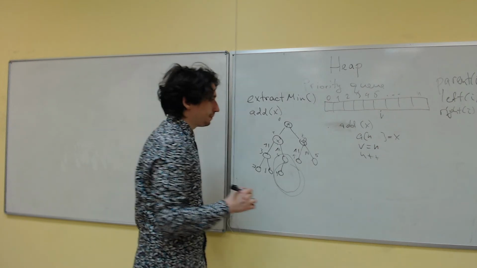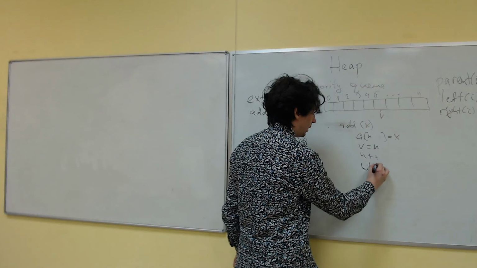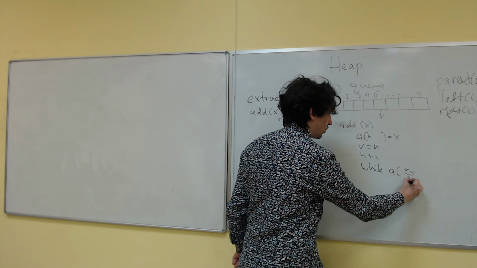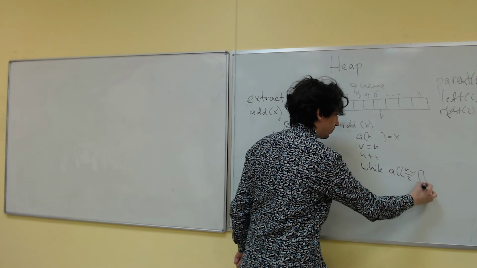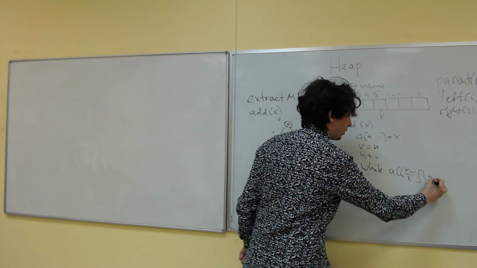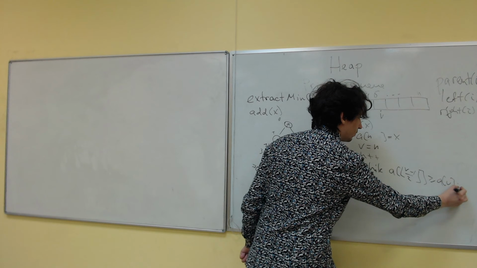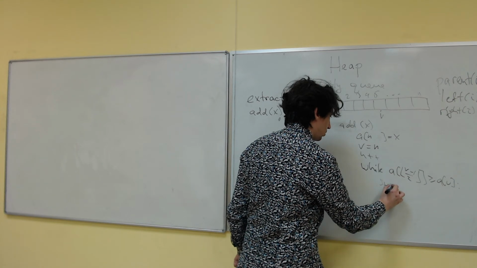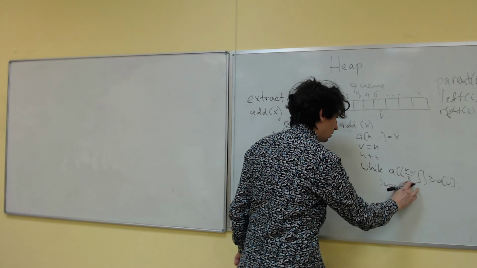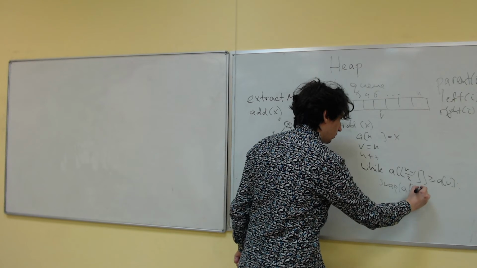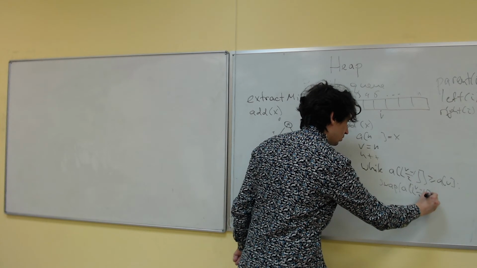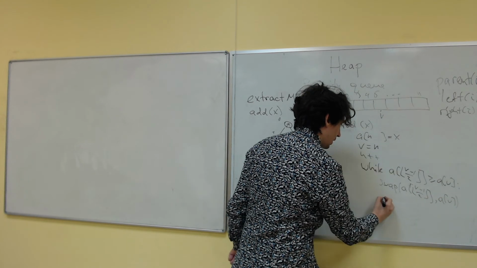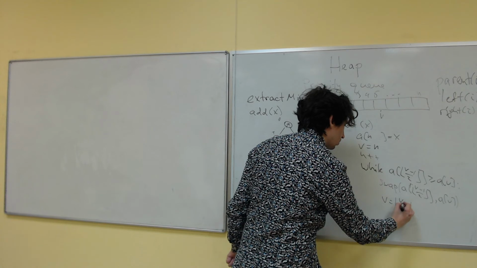And then we do while a[(v minus 1) over 2] is bigger than a[v], then we swap a[(v minus 1) over 2] and a[v], and v equals (v minus 1) over 2.